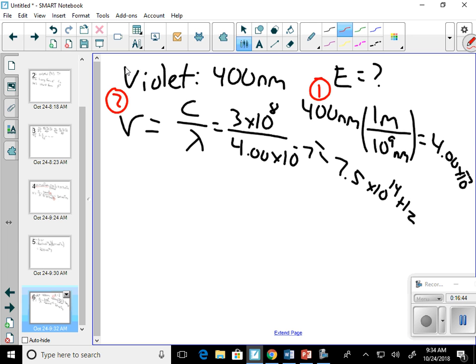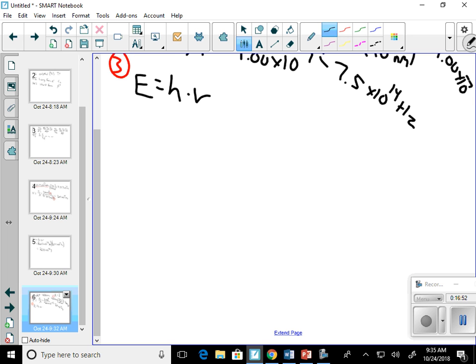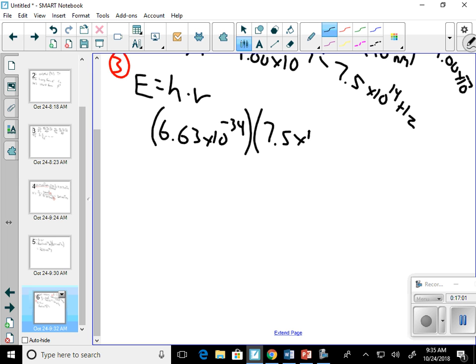Step number 3, after metric, after what's new, is E equals h times nu. Planck's constant, 6.63 times 10 to the negative 34, multiplied by 7.5 times 10 to the 14th. If I do that to finish this problem, actually it's 7.50, 3 sig digs, I would get 4.97 times 10 to the negative 19 joules.